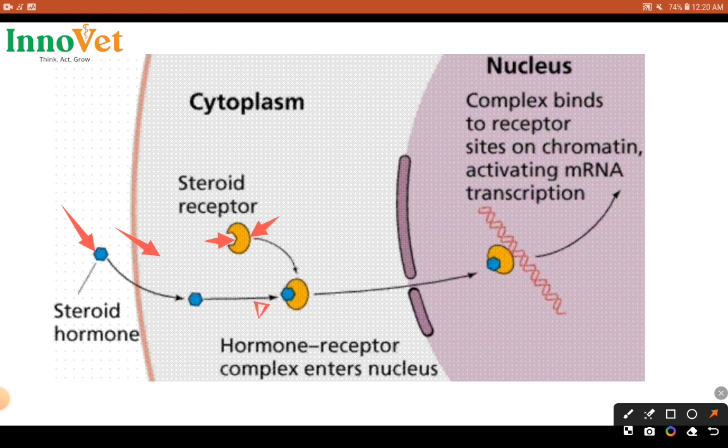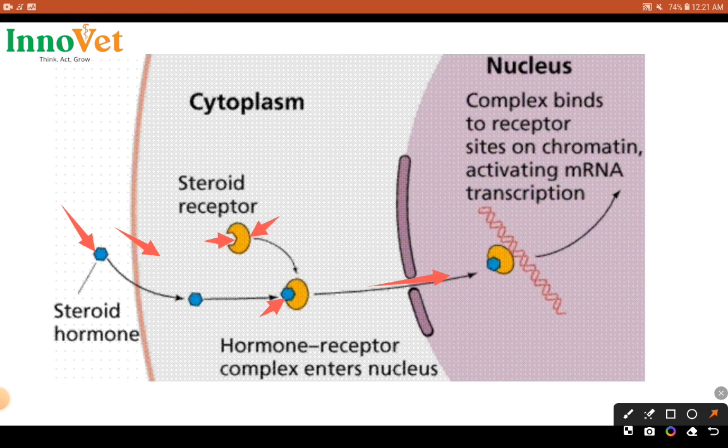So here we can see our steroid hormone, which is the ligand binding to the ligand binding domain, forming the hormone receptor complex, like we mentioned. So this will then pass through the nuclear pore into the nucleus, and when in the nucleus, this complex will bind to receptor sites on chromatin of DNA, activating messenger RNA transcription.